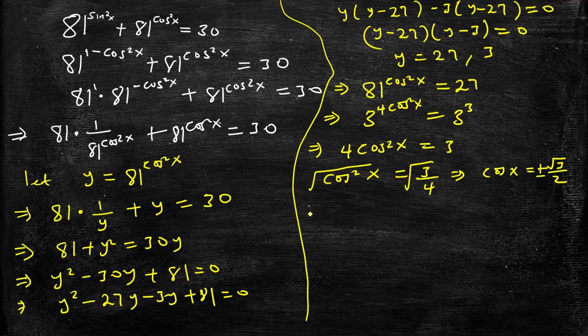The first answer here is x equals cos inverse of root 3 on 2, and cos inverse of minus root 3 on 2.